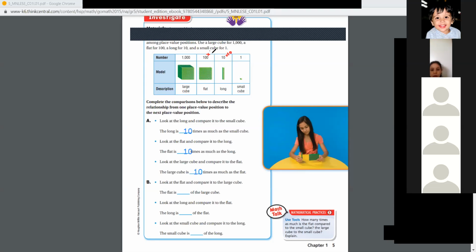So when you multiply 100 by 10, you get 1,000. The large cube is 10 times as much as the flat. Everything is 10 times the other one.